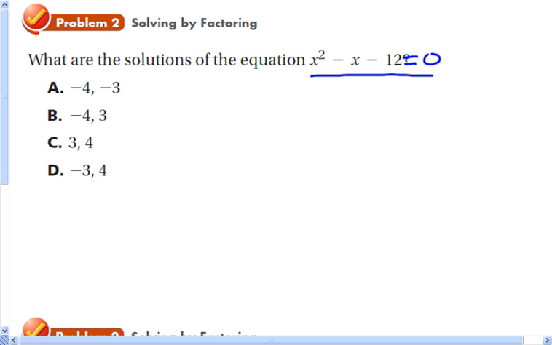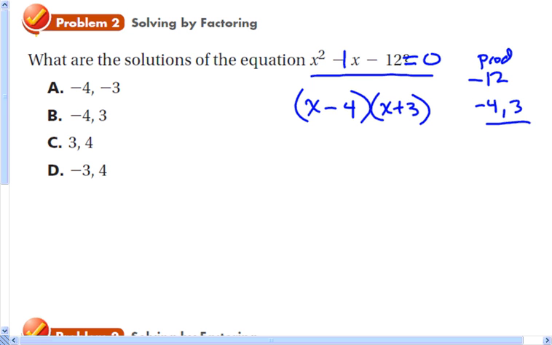We need to think of two numbers that have a product of negative 12 and a sum of negative 1, because this is negative 1x. And those two numbers would be negative 4 and 3. The product of those two numbers is negative 12, and the sum is negative 1. So we can just factor it this way: x minus 4 times the quantity x plus 3 equals 0.